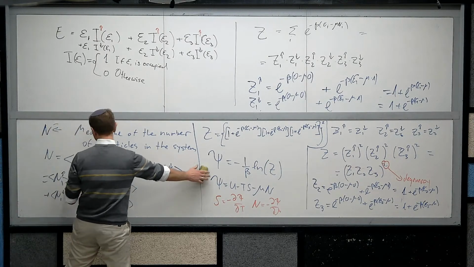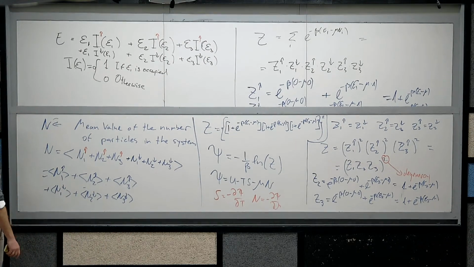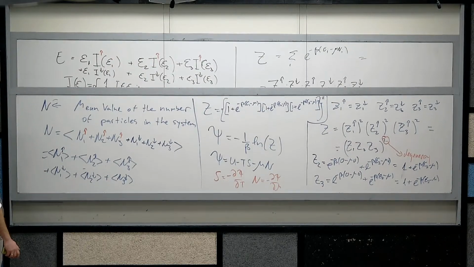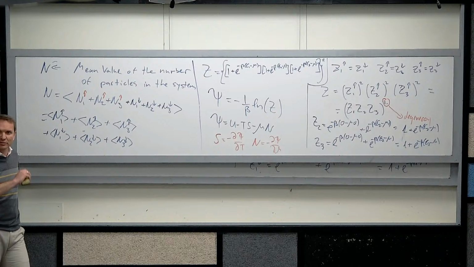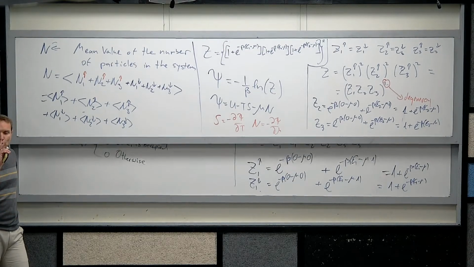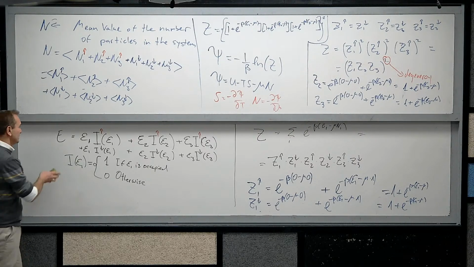How to compute n1 up or n2 down? This is simple because this is a single state, independent of everybody else, and it has only 2 possibilities. Either it's occupied or it's unoccupied.